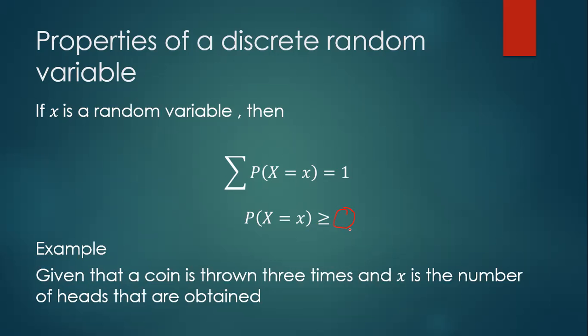So given that the coin is thrown 3 times and X is the number of heads that are obtained, now our interest is to have it in a discrete table form. So if we throw our coin 3 times, this would be the first throw, where we have either a head or a tail. Then the second time, still we have a possibility of getting a head or a tail.